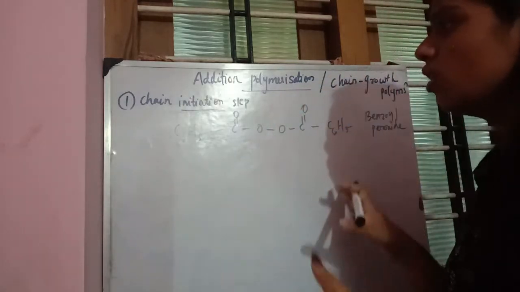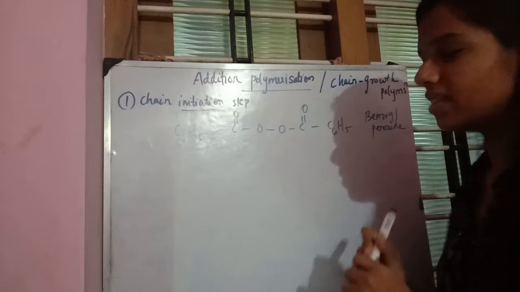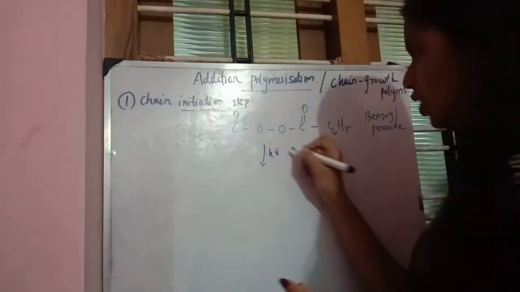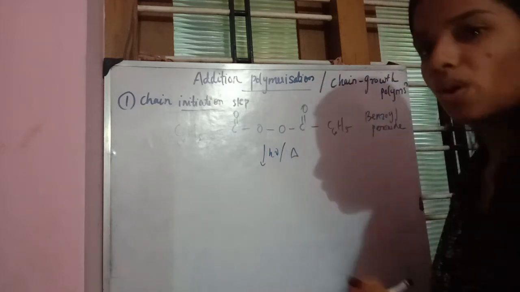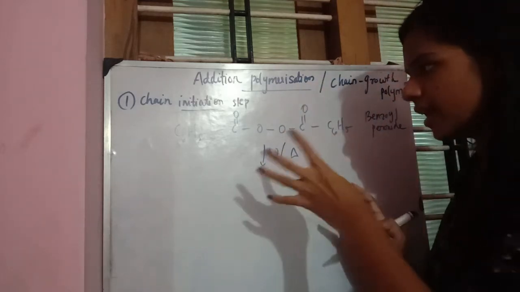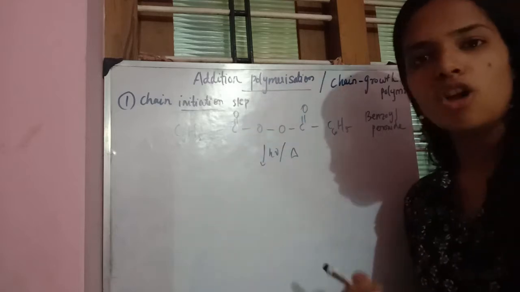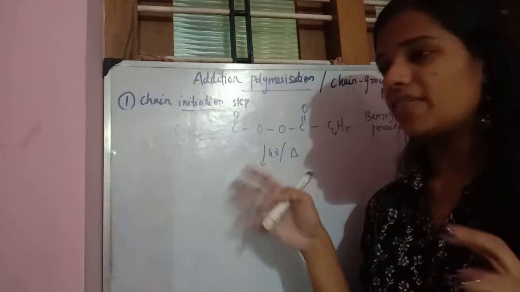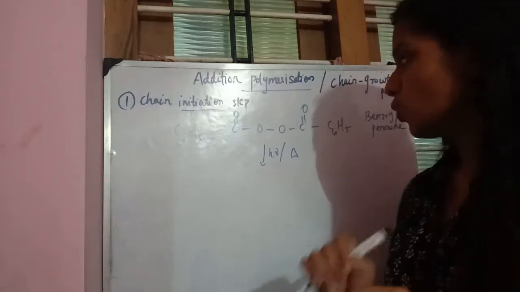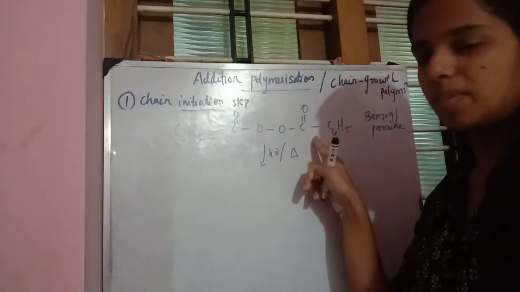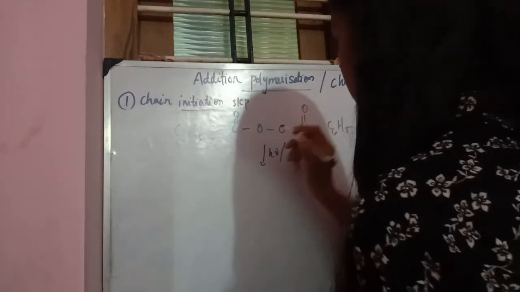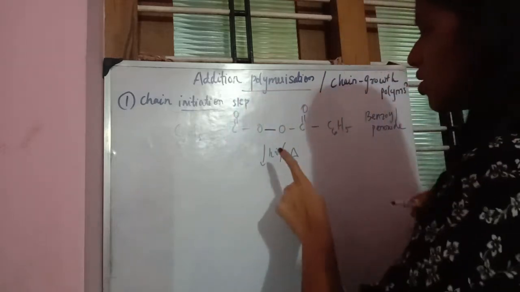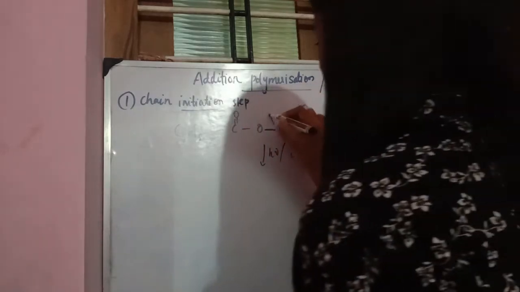So here the whole mechanism is done in the presence of light or heat. When we apply light or heat, this catalyst is not very stable. So what happens is that this bond, the peroxide linkage, is very weak. Consider this bond, and in the presence of light or heat, homolytic fission takes place.